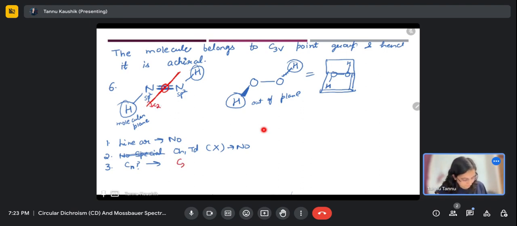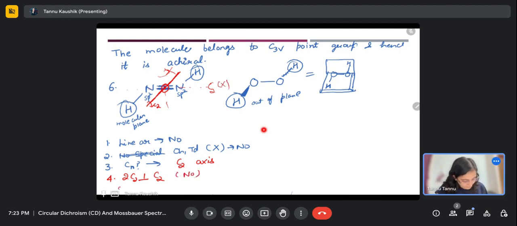Okay, C2 axis. Then do we have two C2 perpendicular to this C2? So the possible C2 are perpendicular to this C2 axis. So we don't have any other C2 axis in the molecule.